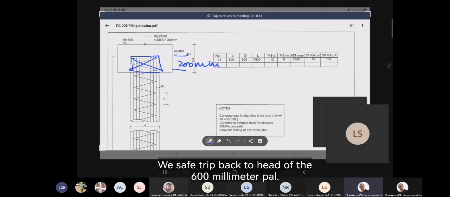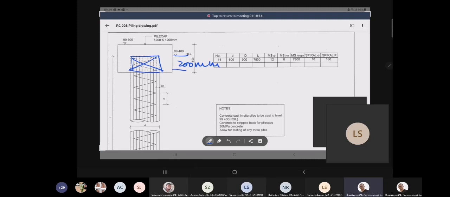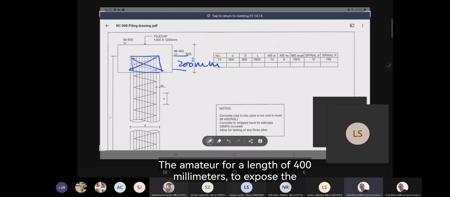We say strip back the head of the 600 millimeter pile diameter for a length of 400 millimeters to expose the reinforced concrete.